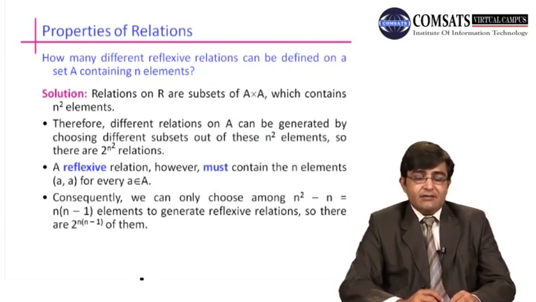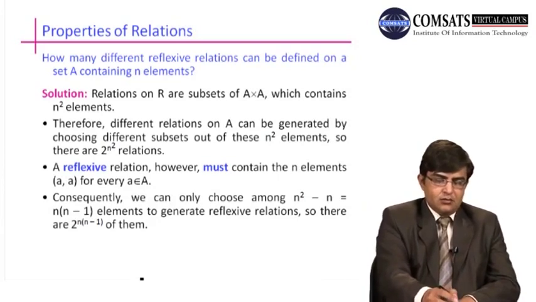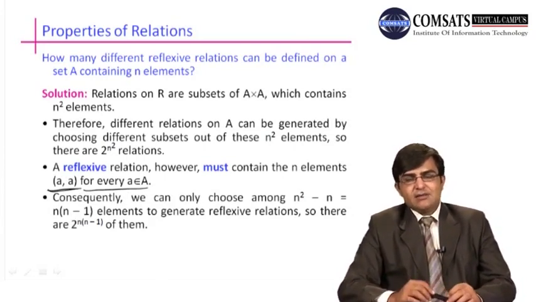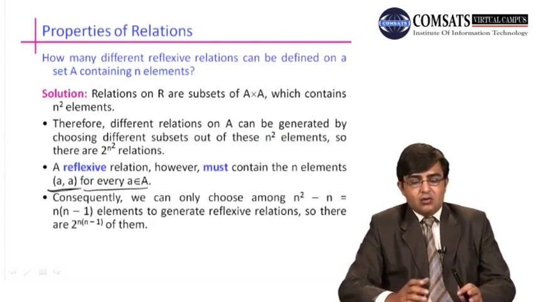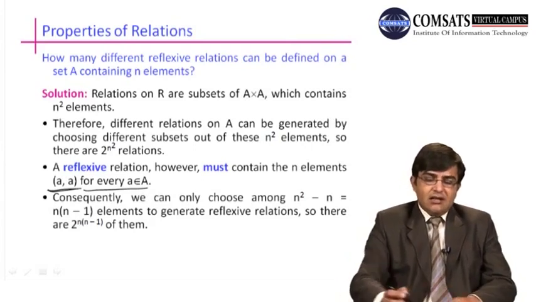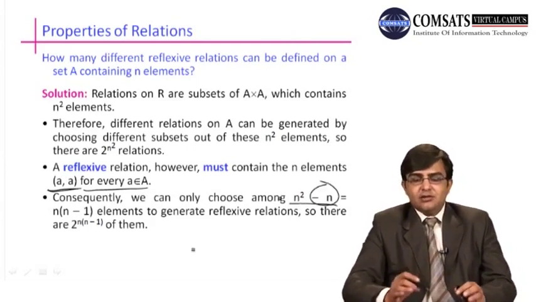Now as we know, a reflexive relation must contain the n elements (a,a) for every element in A. So a reflexive relation must contain these n elements, and the others it may or may not contain. So how can we say how many different reflexive relations we can define? Consequently we can choose only n square minus n elements, because we have subtracted n from the total elements.